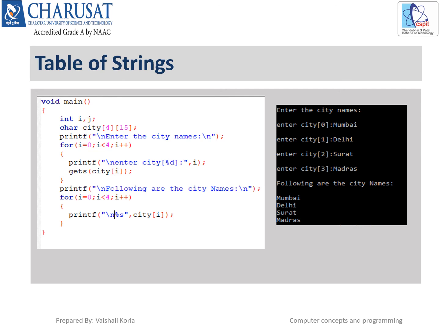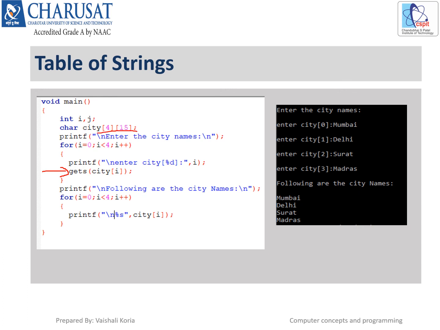So for that, the user should be given the facility to enter the name of the city. For that we can use the gets function, and obviously this function will also be written inside the for loop, because we want to scan four city names.